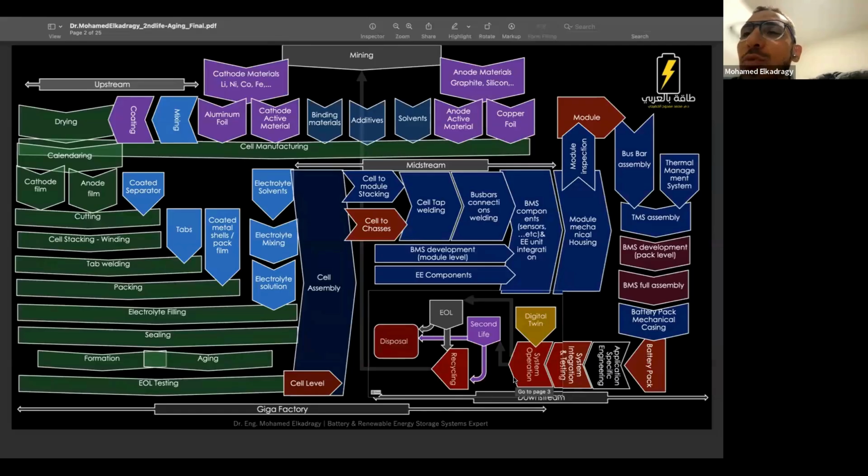Then on the right side, we have the BMS integration, the battery management system, and we end up with a battery pack, which is engineered for an application.